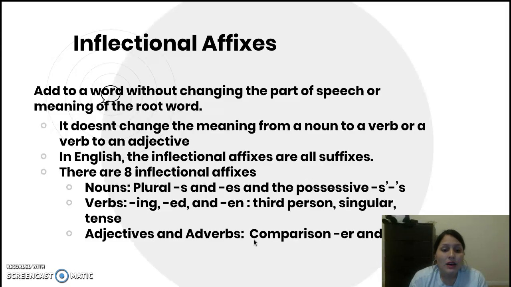And then in adjectives and adverbs, when we compare two things, we put the ER and the EST.